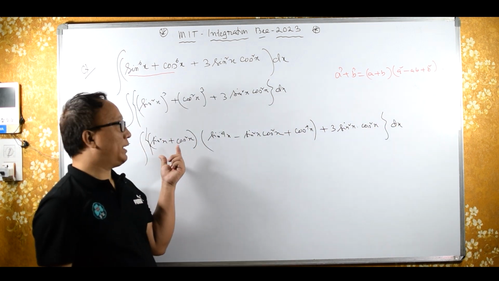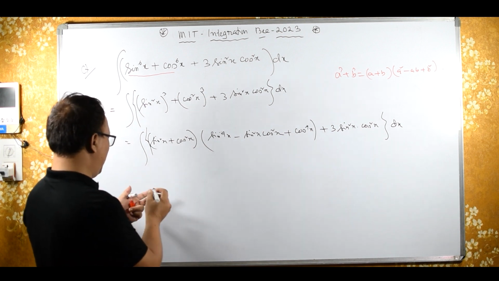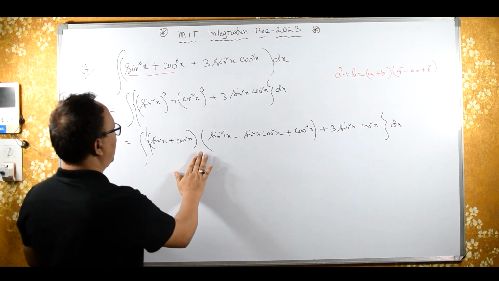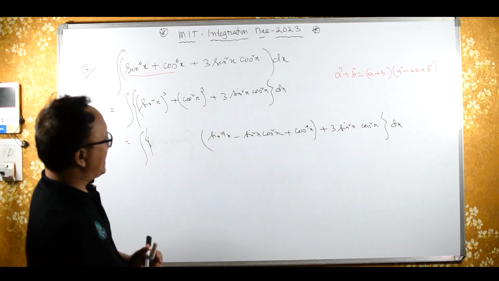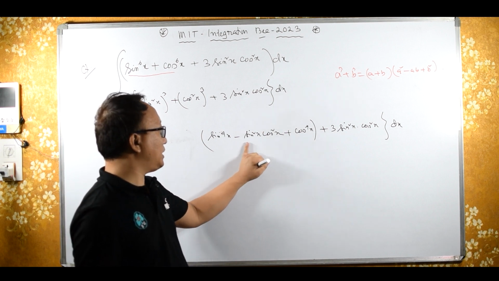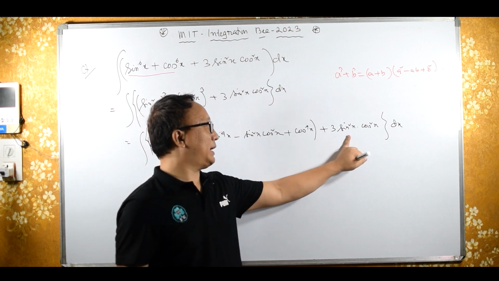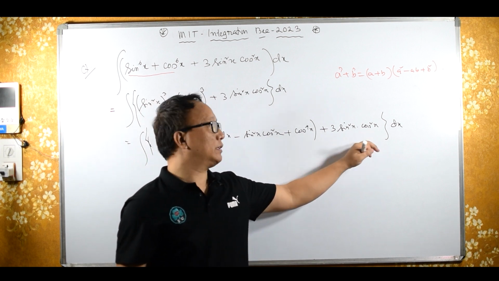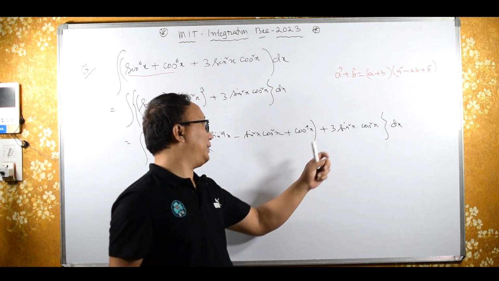Now we have sin^2 x plus cos^2 x equals 1, so this term becomes 1 and I can remove it. We have sin^4 x minus sin^2 x cos^2 x, and here we have 3 sin^2 x cos^2 x. So minus 1 plus 3, that is 2.